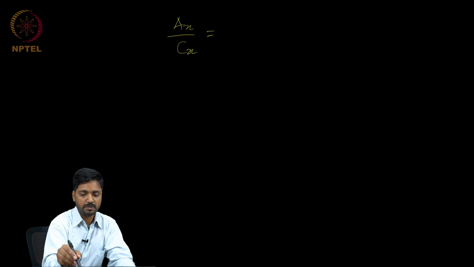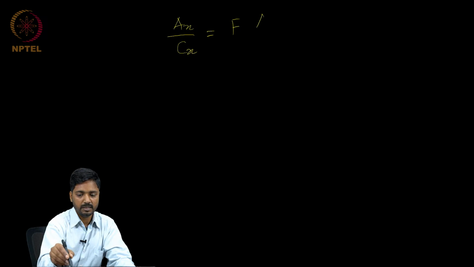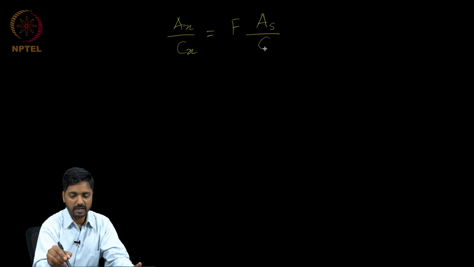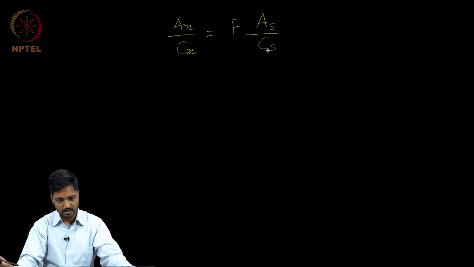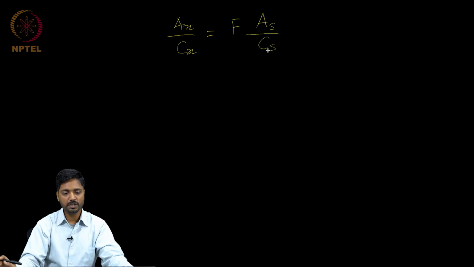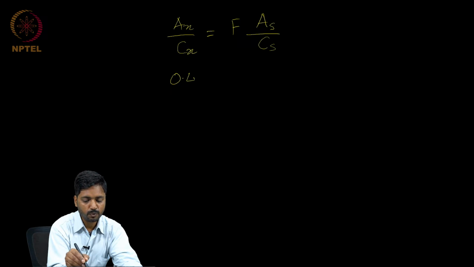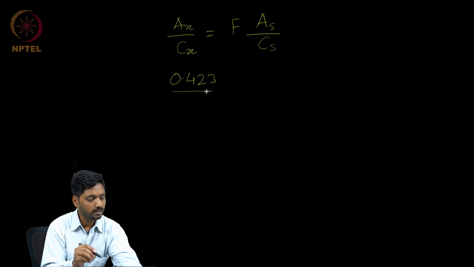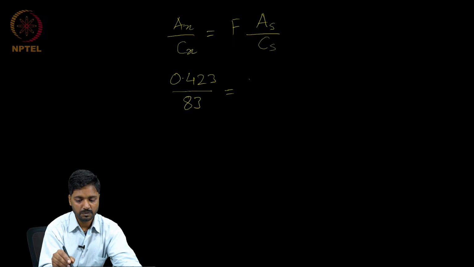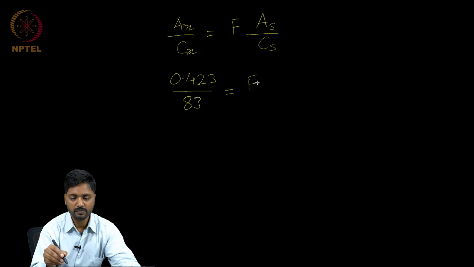Okay, so what we are given is that Ax by Cx is equal to the response factor F into absorbance due to the standard divided by concentration of the standard, and in the initial phase we are given that Ax is equal to 0.423, and when the concentration is 83 millimoles, and we do not know at this point the F value, so that is what we will calculate.